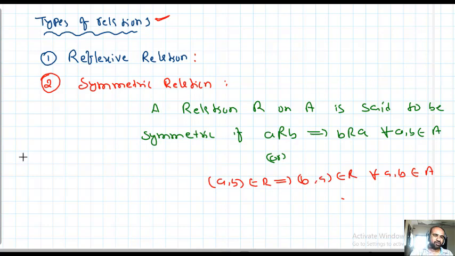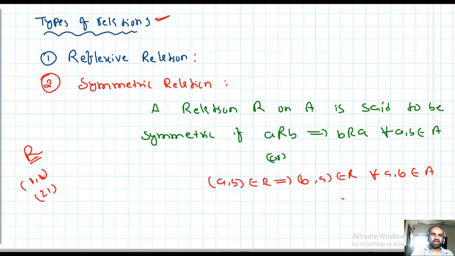I will show you. For example, in a set R, the ordered pair (1, 2) is there. If (1, 2) is there, then automatically (2, 1) should be there according to the definition. Then only R is said to be symmetric. If (1, 2) is not there, there is no need to check for (2, 1).